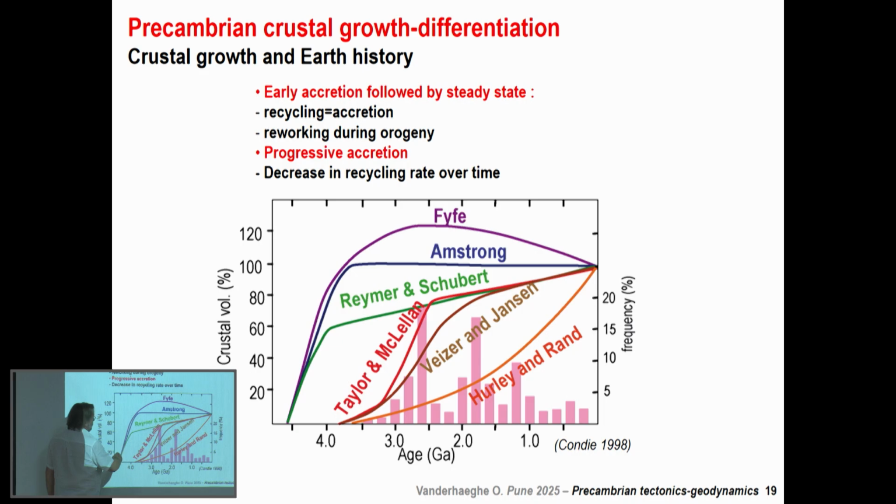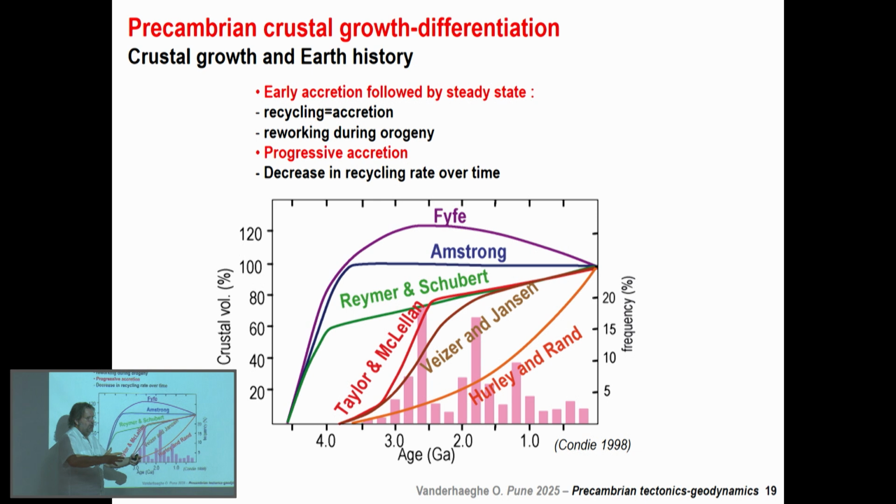The first one was, okay, a lot of the crust formed before the end of the Archean, right at the beginning of the Earth's differentiation, at the time of nucleus or core, mantle, crust formation. And most of the continents, Armstrong proposed, formed right at the beginning, and then all the rest of the history is reworking.